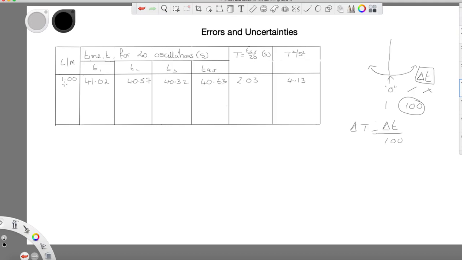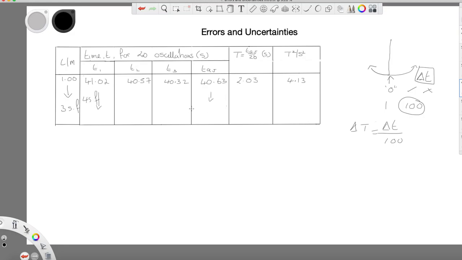So I've said the length of the pendulum is 1.00 meters, and remember, because I have 3 sig figs in here, I will have 3 sig figs everywhere in this column. Every piece of data in this column must be to 3 sig figs. Likewise, I've got 4 sig figs in each of these, and therefore each of these will be to 4 sig figs. And likewise here.